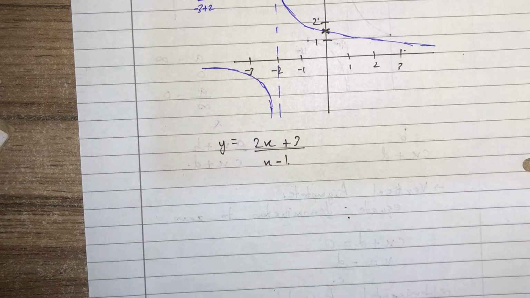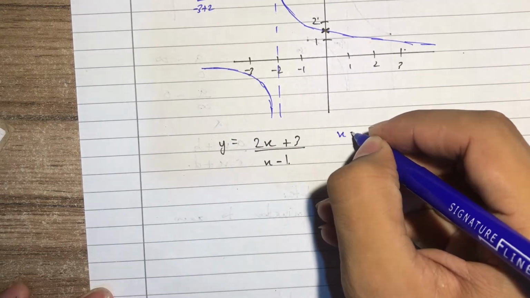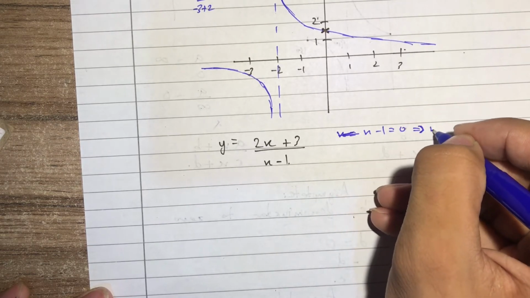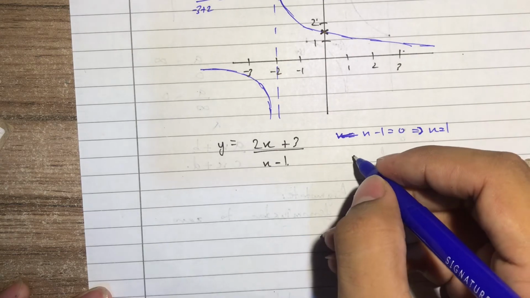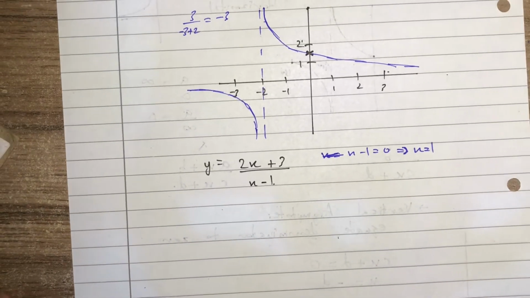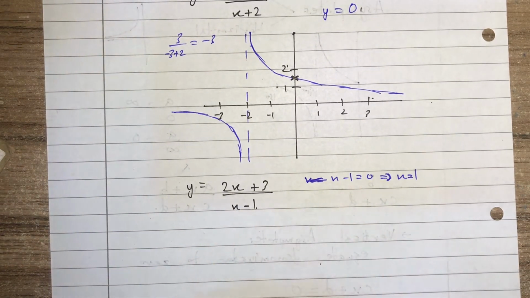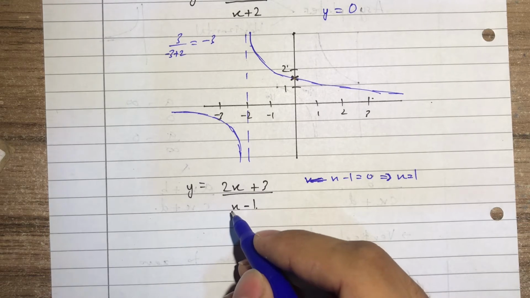Now the second graph is 2x plus 3 upon x minus 1. The vertical asymptote will be x minus 1 equals 0, that is x equals 1. And for the horizontal asymptote, over here the degree of x is the same in numerator and denominator, so we can take the ratio of the highest power terms, that is 2 upon 1.